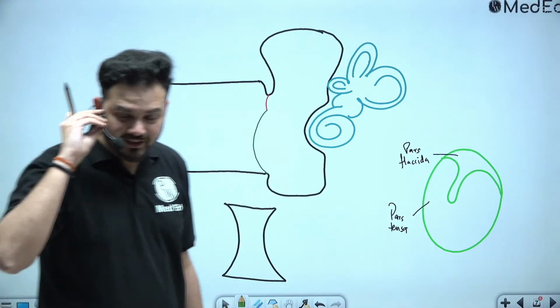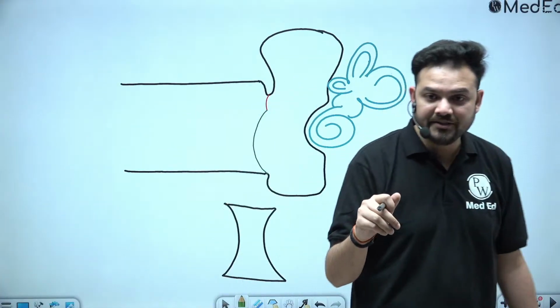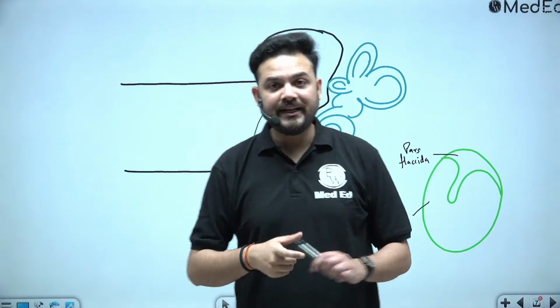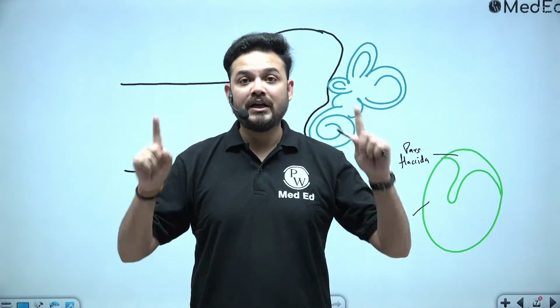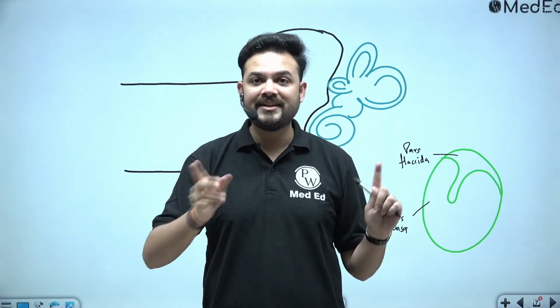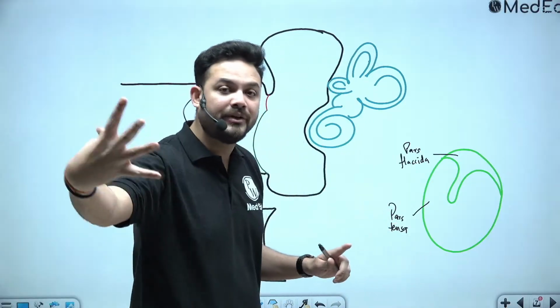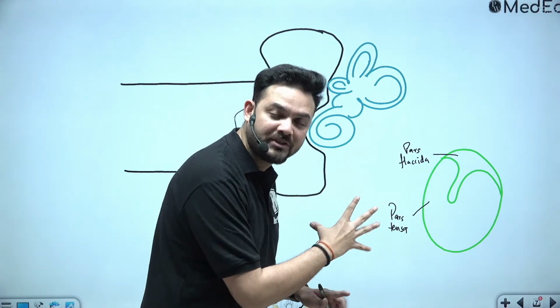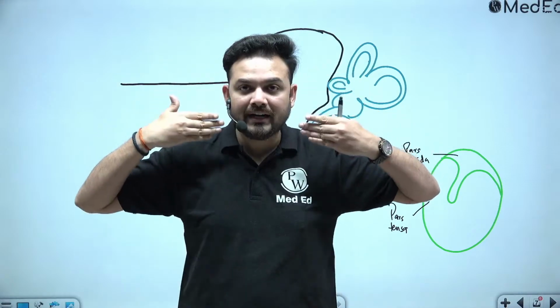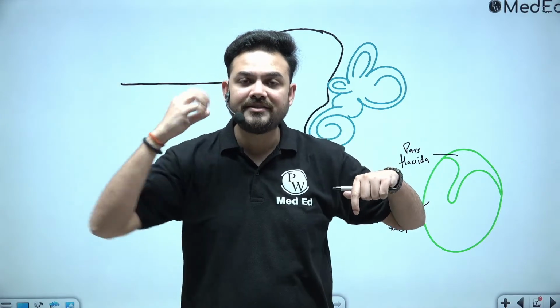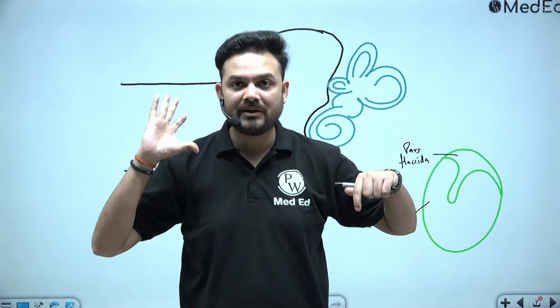Okay, I think there are sections which are not clearly understood. So I'm making things simple for you. Don't get confused when I say sagittal section. Sagittal section means that you're viewing from the side. But if you cut my head like this, my external auditory canal will go like this. My inner ear will be there. My middle ear compartment will be there.